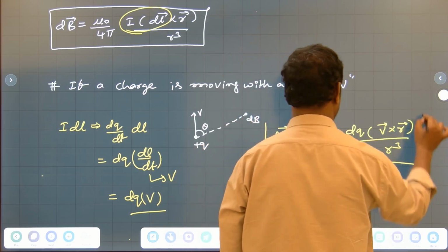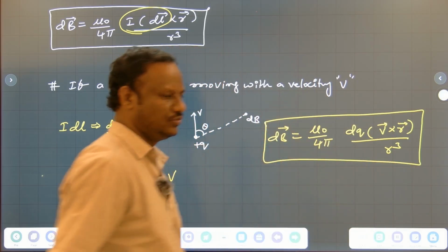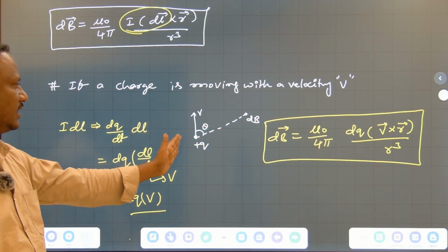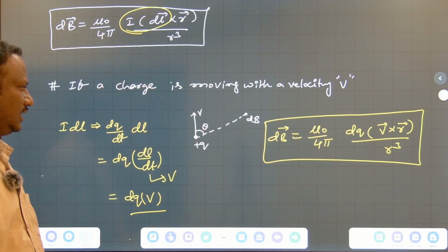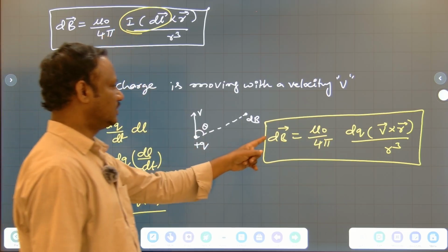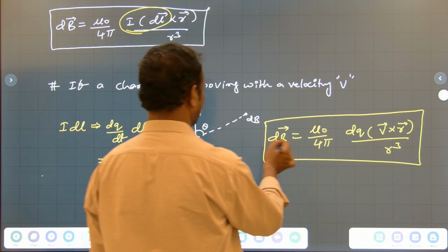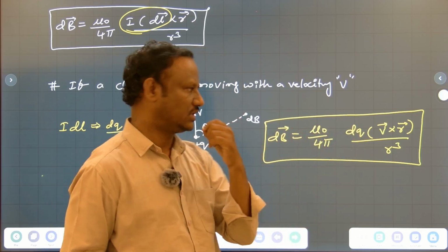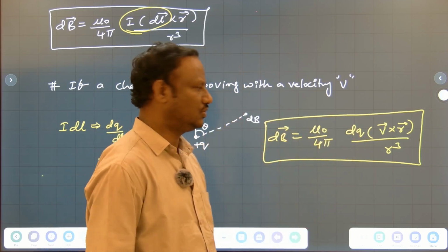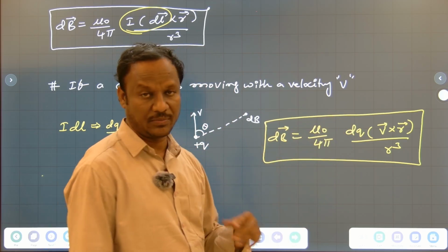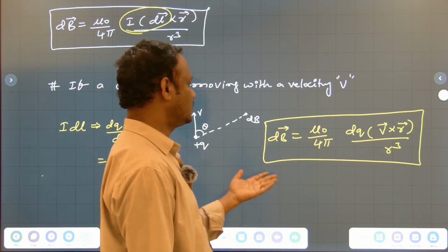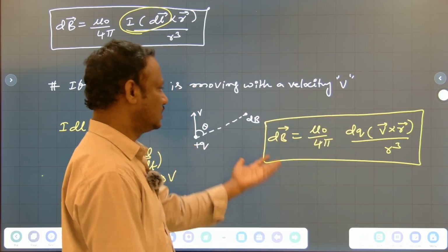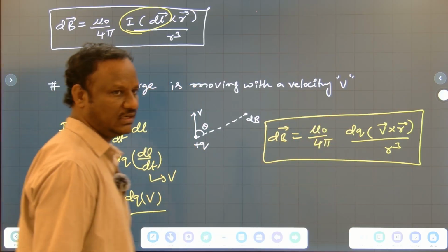This is the magnetic field due to a moving charge with velocity v making angle theta with the direction. Here the charge element means a small charge dq. If you want the total magnetic field, it is the integration of this. So this is the Biot-Savart law.